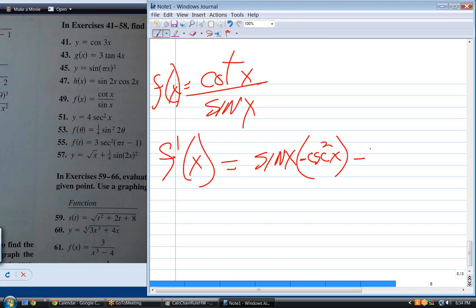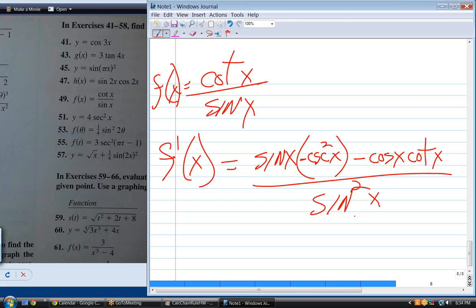Minus, well, it'd become plus cosine x. Oh, no, wait, no, it wouldn't. It'd just be minus cosine x times cotangent x. What's the denominator? Oh, over sine squared x. Correct. Sine squared x, not sine x squared.